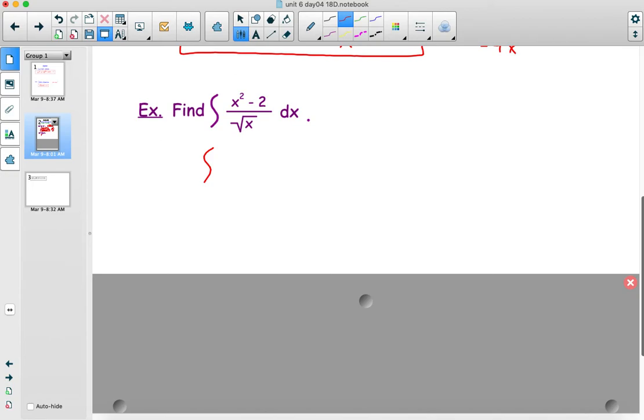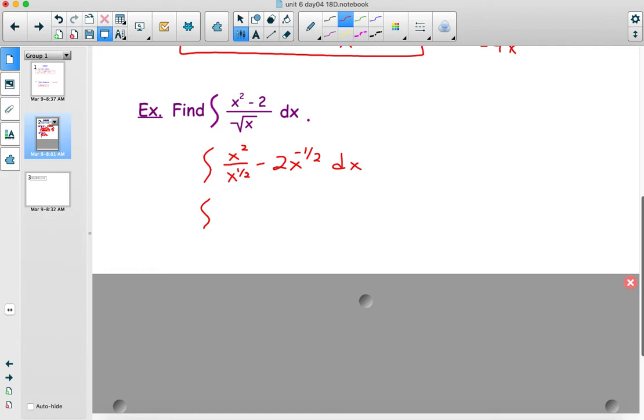And we had x squared over the square root of x, or x squared over x to the 1/2, minus 2 over x to the 1/2, or 2x to the negative 1/2 power. Now, what do you do when you have a variable to a power over the same variable to another power?